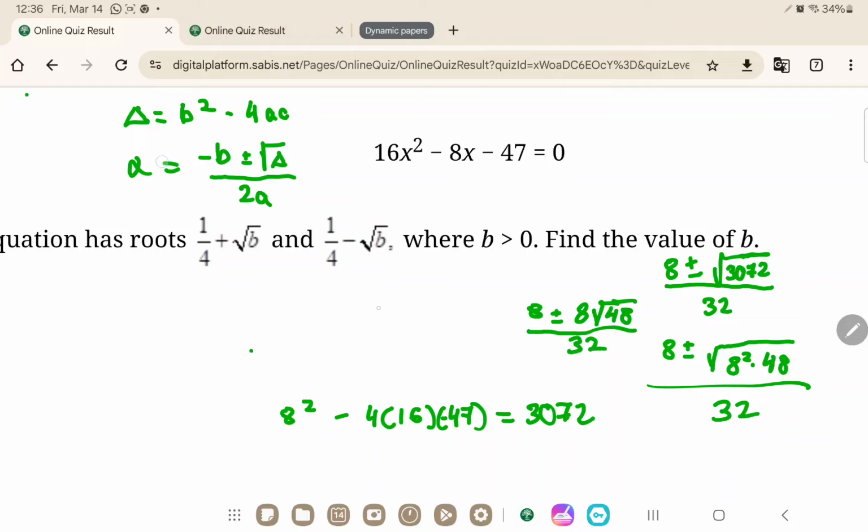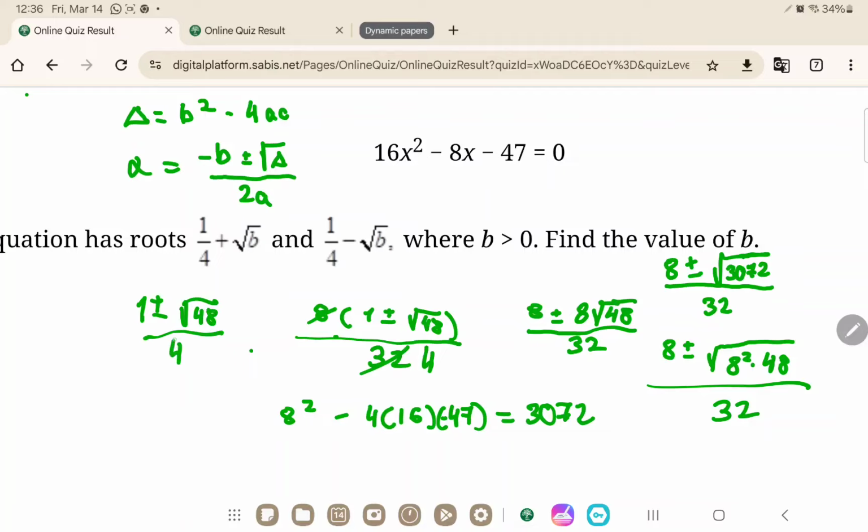So now we can factor out the 8. So you're left with 8 into 1 plus or minus radical 48 over 32, of course. Now you're gonna be left with 1 over 4. So you're gonna have 1 plus or minus radical 48 over 4.